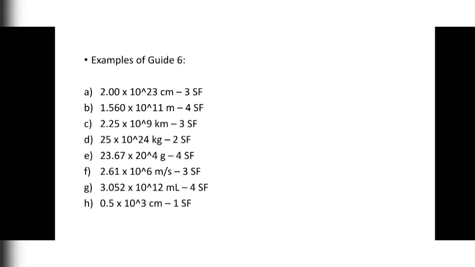Now it has 0 at the front, but still it's greater than 1, so all of them are considered significant figures. So it's 4 significant figures. For letter H, 0.5. Now this one is lower than 1, so zeros before the first non-zero digit are considered not significant. Since it's 0.5, it's going to be considered as 1 significant figure, which is the 5.